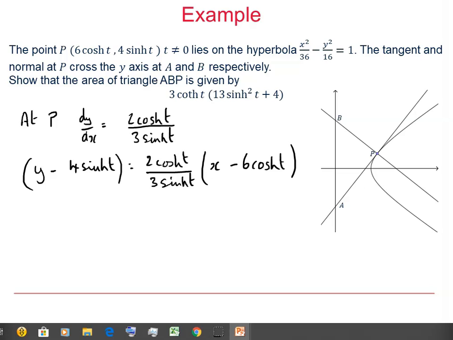Then multiplying throughout by 3 sin t will give us 3y sin t minus 12 sin squared t is equal to 2x cos t minus 12 cos squared t.